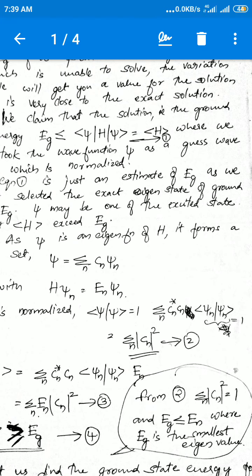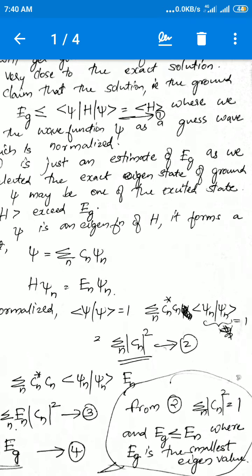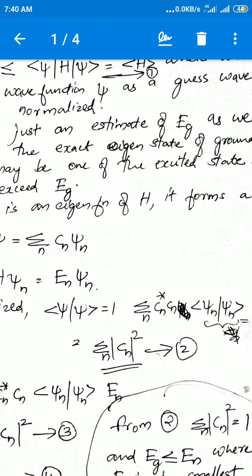Bra psi will be sigma n Cn star psi n, and ket psi will be sigma n Cn psi n. So if you substitute that, it will be sigma n Cn star Cn times the inner product of psi n with psi n, which is 1. So you will get sigma n modulus of Cn square.